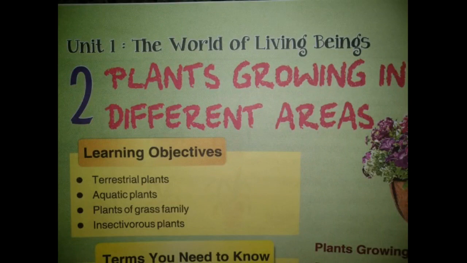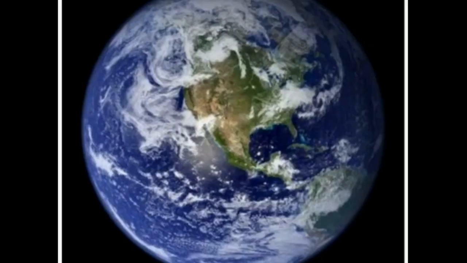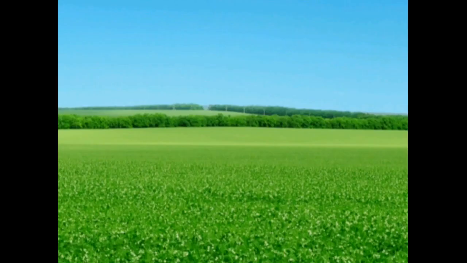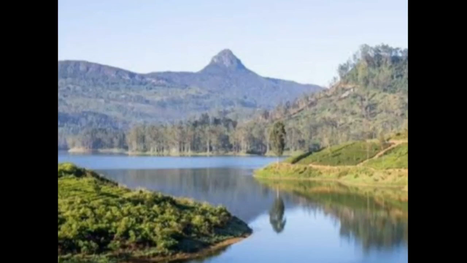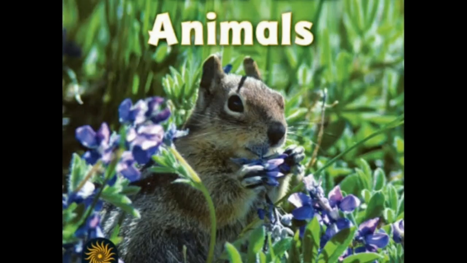Today, I am going to teach about plants growing in different areas. We all know our earth is very big and it has different areas like forest, plain land, water, desert, sea coast, etc. Wherever we go, we find different types of plants and animals.